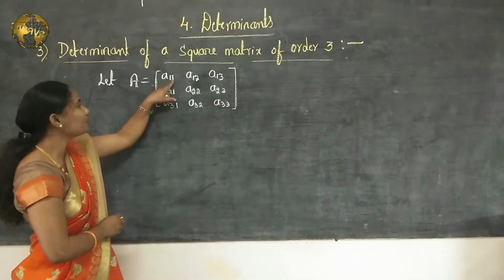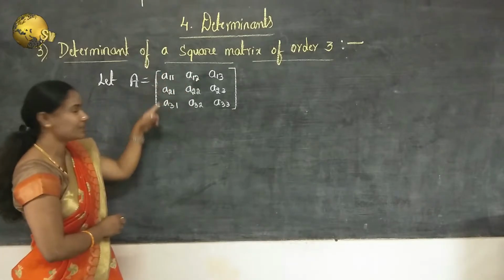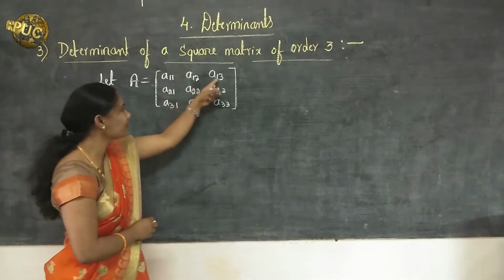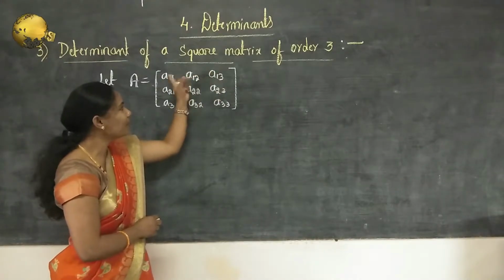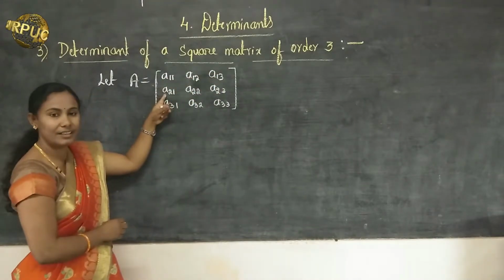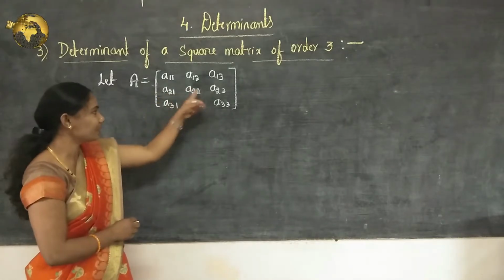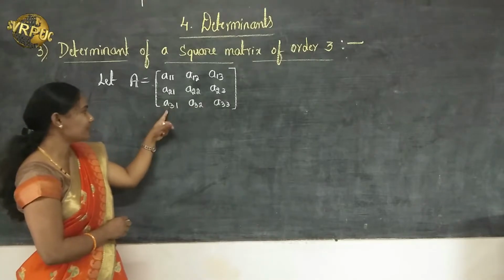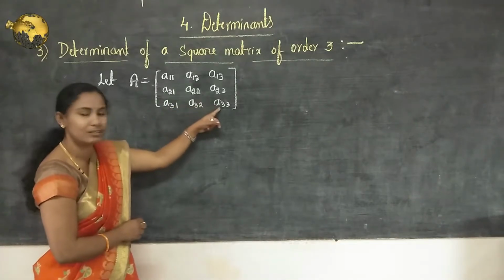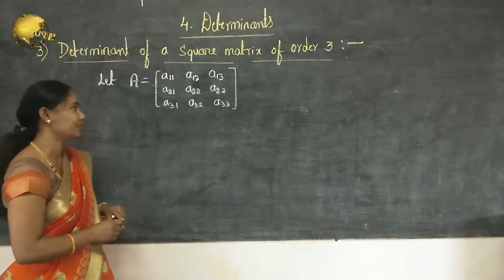See here, 11 means first row, first column element. 12 means first row, second column, and 13 means first row, third column. Like that, here also second row, first column, second row, second column, second row, third column, and this is third row, first column, third row, second column, third row, third column. Like that it will represent.